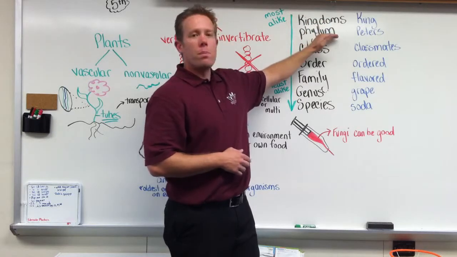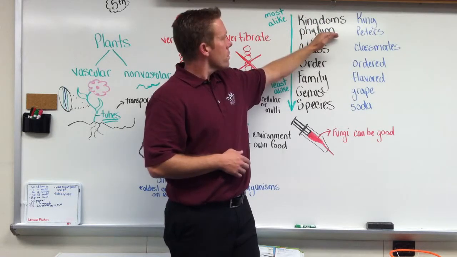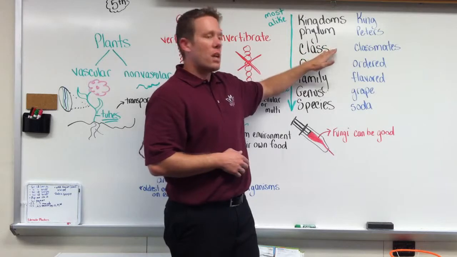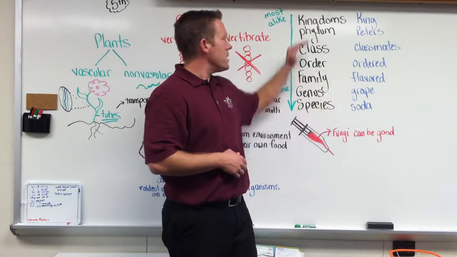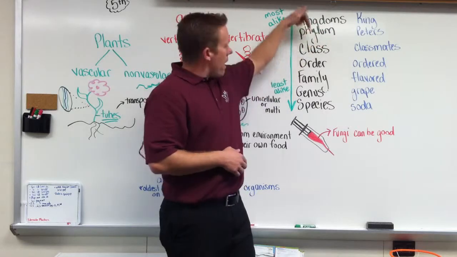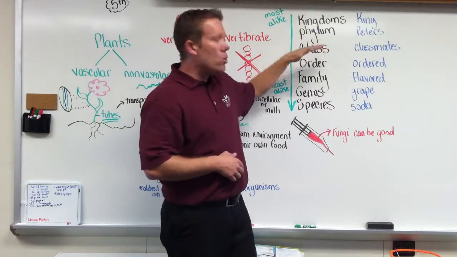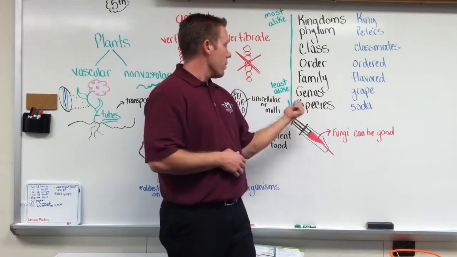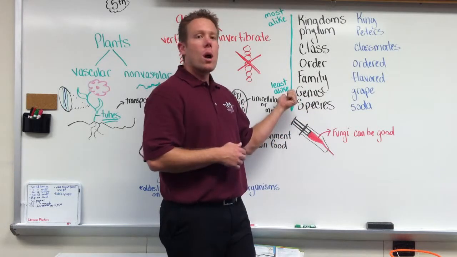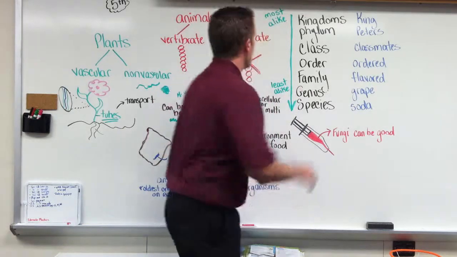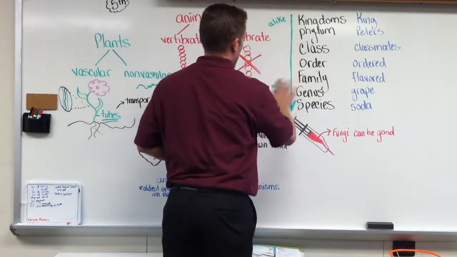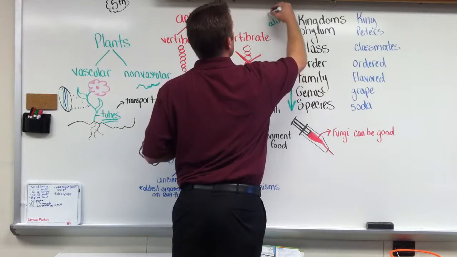The next group is the phylum. The next group is class, then order, family, genus, and then species. For every category that you go down, the animals start to look more and more. Oh, I have this backwards. This should be least alike.